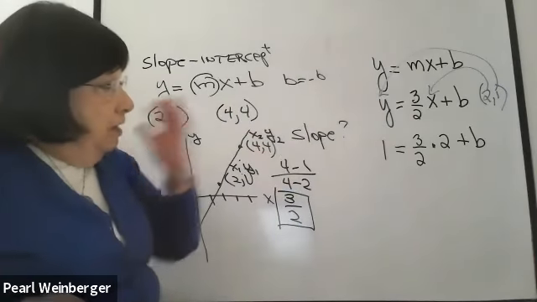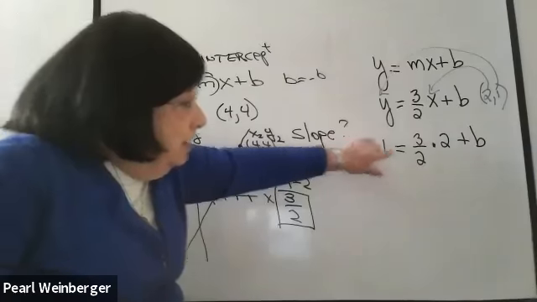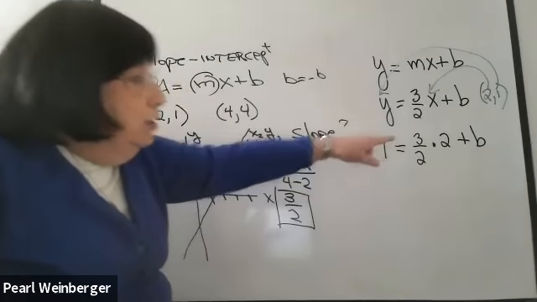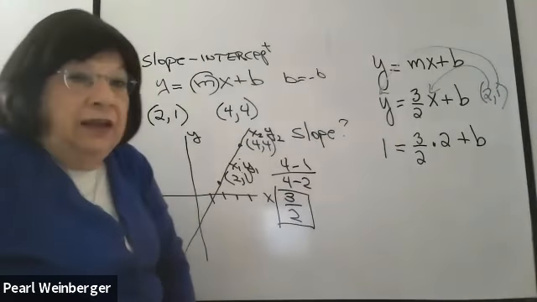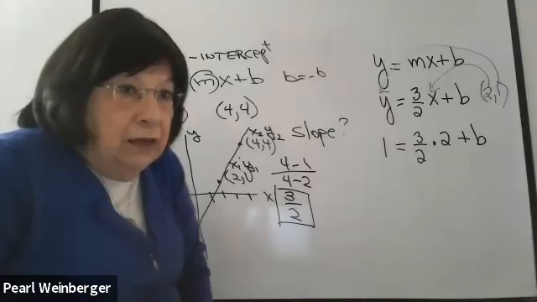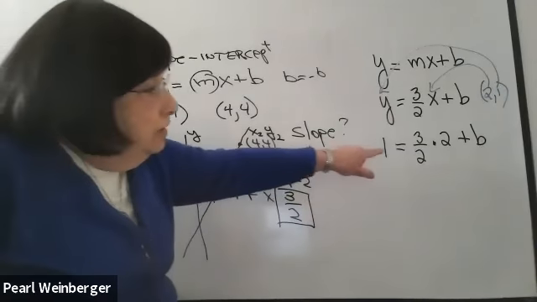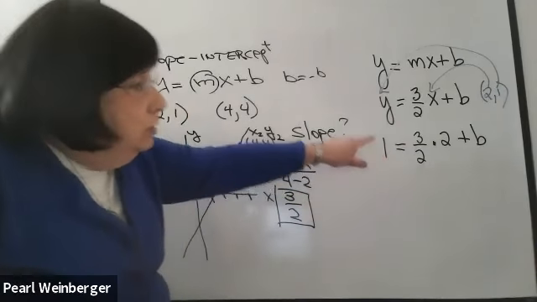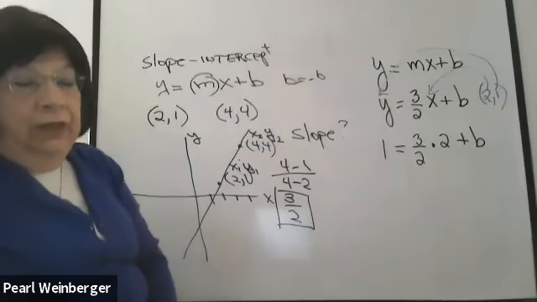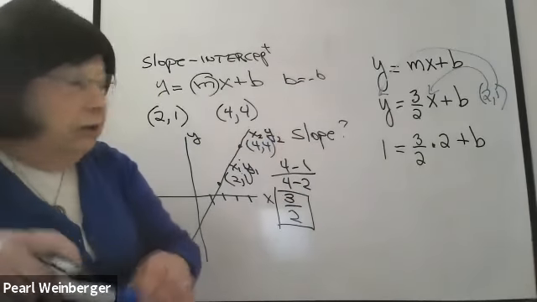I get an equation of a line. And now, after I replace the x and the y, the only thing that's missing, the only thing that I don't know, is the b. I'm going to solve this equation for b. Now, what's going to be the hard part of this?